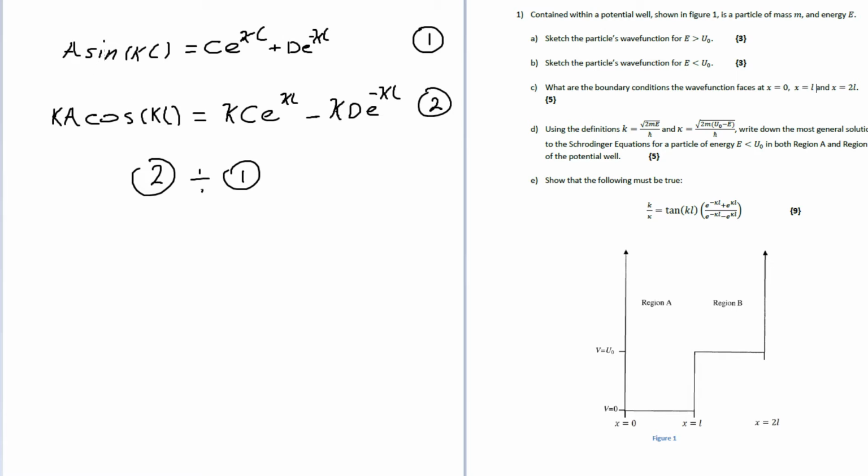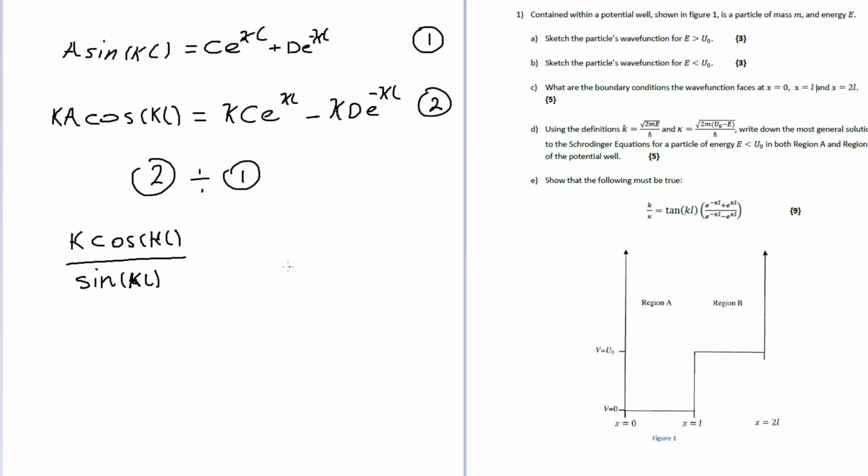Let's start with the left hand side. We have k, our a's cancel because there's an a on top and bottom, and we have k cos kL over sine kL.